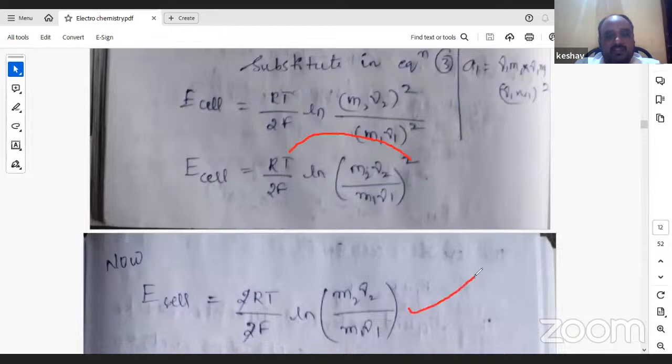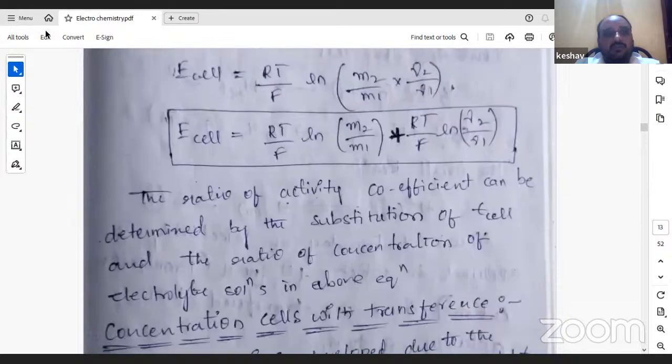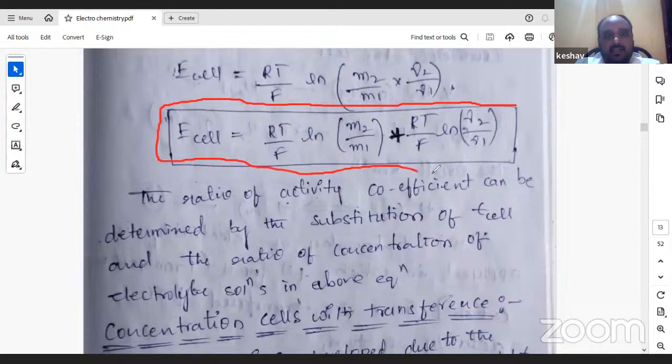Therefore we get this equation, which can be further separated, meaning concentration and activity coefficients are separated. Finally we get E cell is equal to RT by F ln capital M2 by capital M1 plus RT by F ln gamma 2 by gamma 1. Capital M we have to write here, not small m.